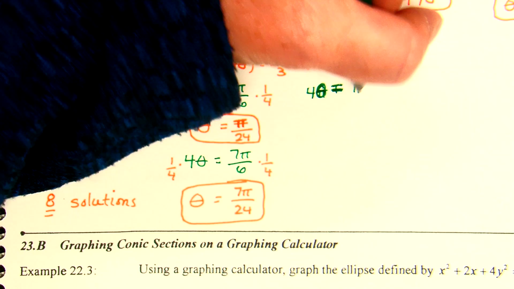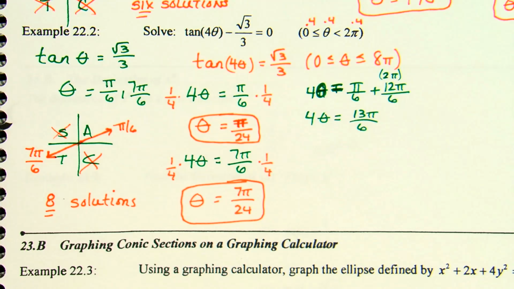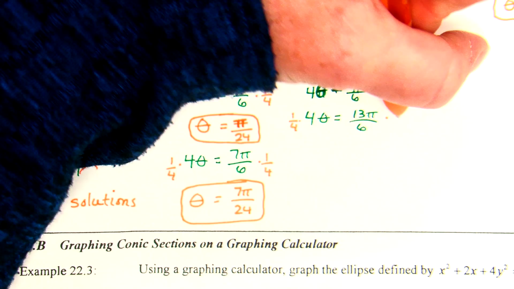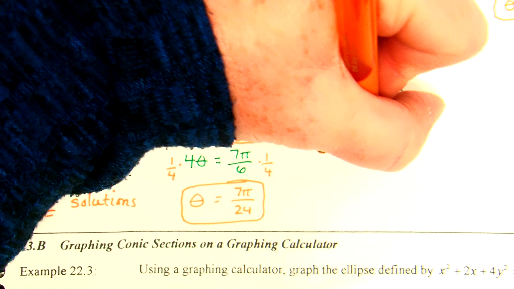So really you're adding pi over 6 and 12 pi over 6 and getting 13 pi over 6. And we're going to take that 13 pi over 6 and multiply by 1/4. So theta is 13 pi over 24.